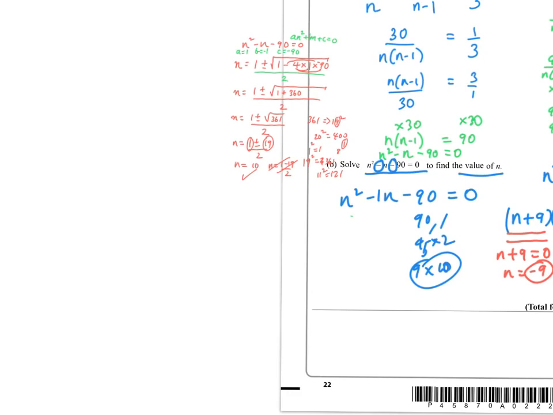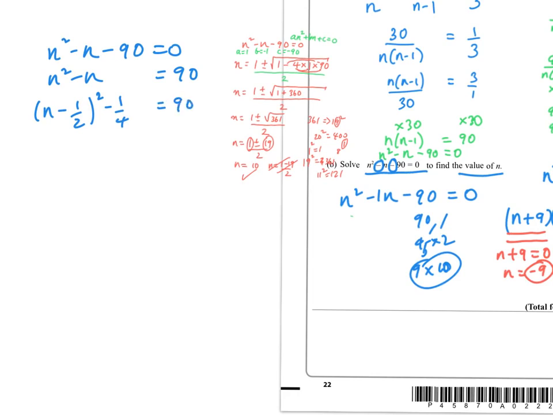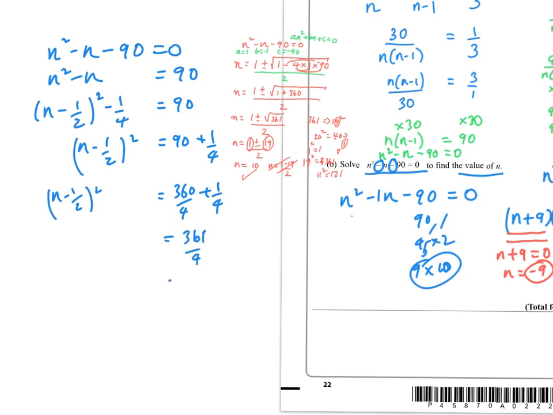And then the last way, and if you don't want to watch this, then just skip to the next one. Complete the square: add 90 to both sides, complete the square, add the quarter, and then you've got n minus a half squared is 360 quarters plus 1 quarter, which is 361 quarters.